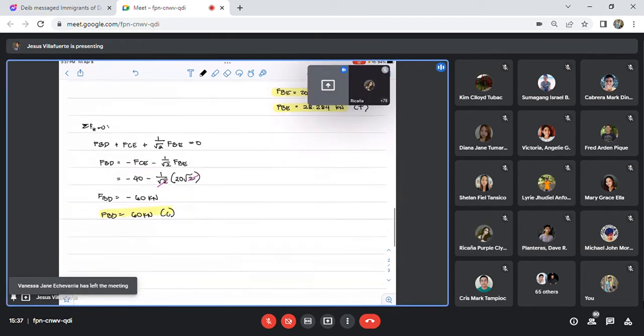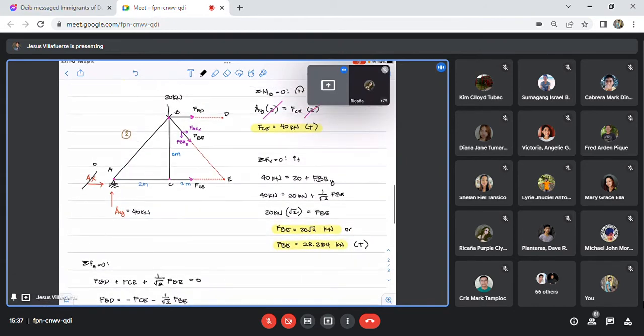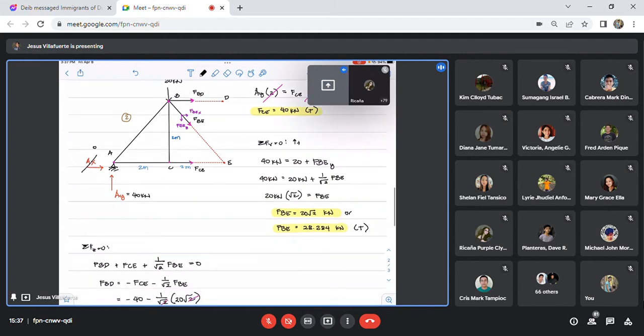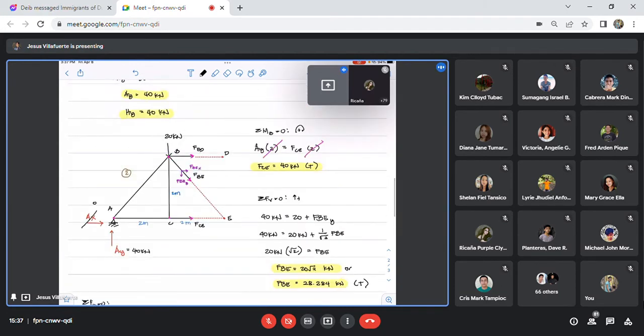Good. So let's try to compare, since we used horizontal summation of forces. But how about if I take summation of moment at E? If I take summation of moment at point E, what will I solve? It's FBD, right?